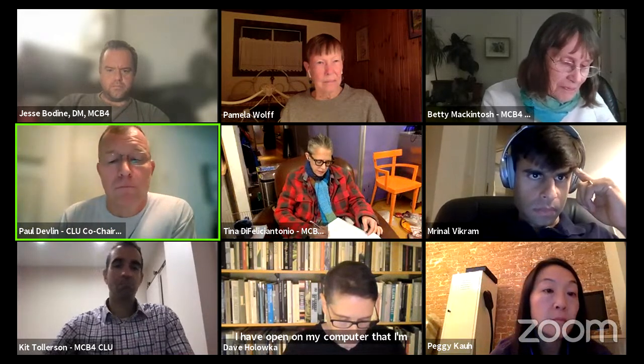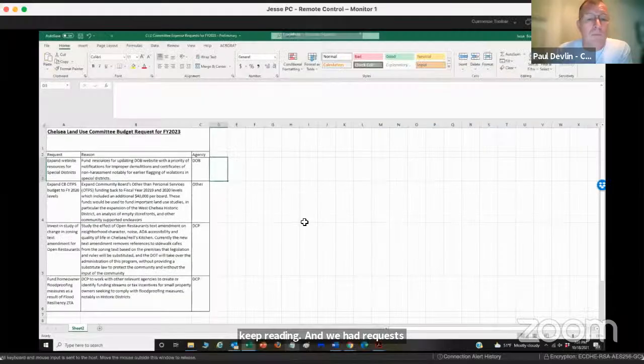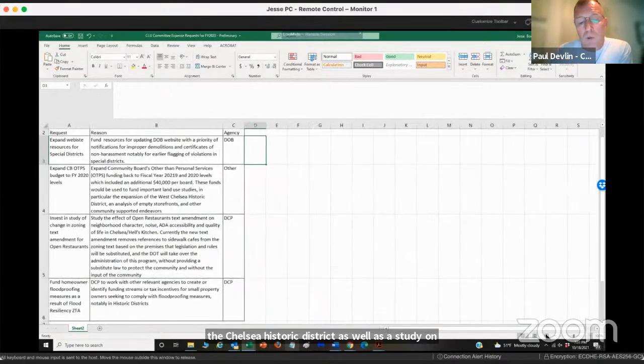The second item, while we're waiting for that to come onto the screen, I have it open on my screen, so I'll just keep reading. We had requests for the expansion of the Chelsea Historic District, as well as a study on empty storefronts. And through conversations, it really makes more sense that funding is considered part of the community district office budget.